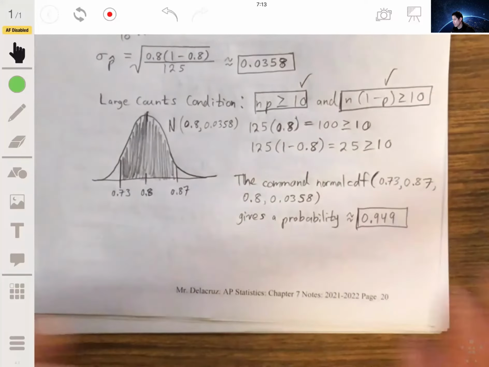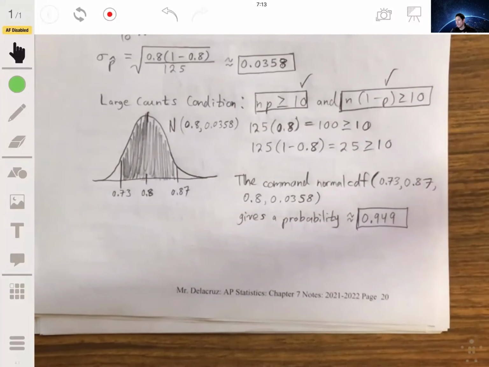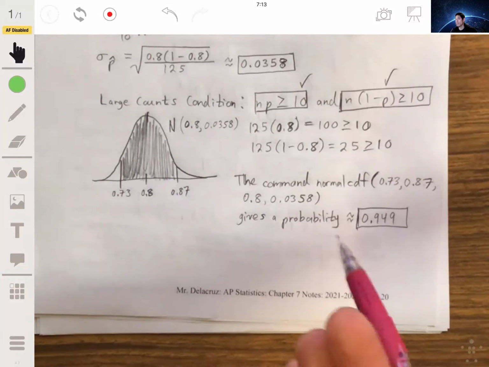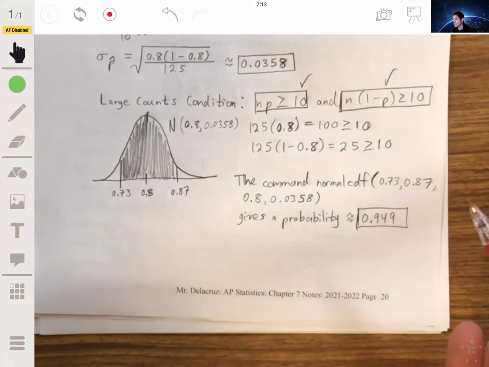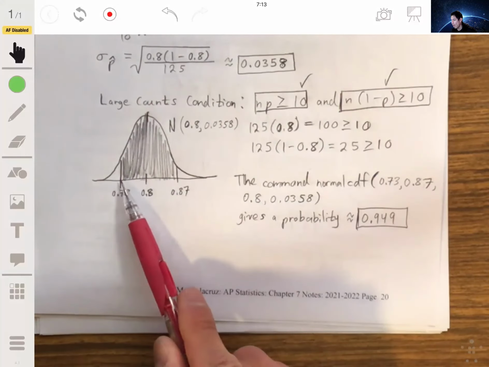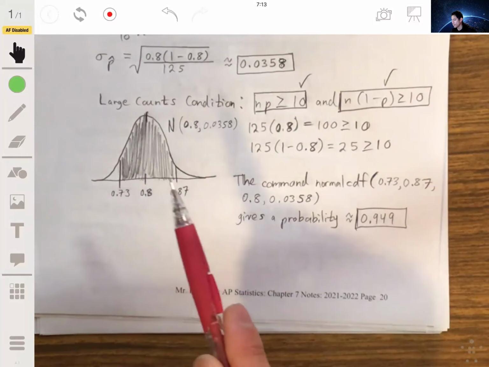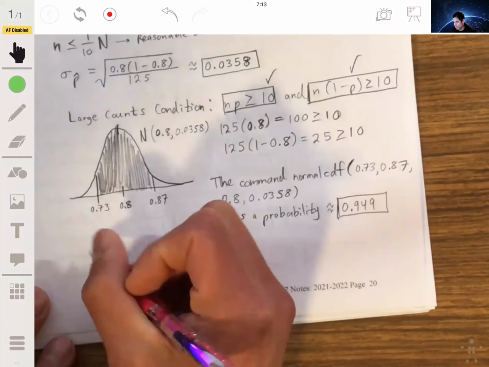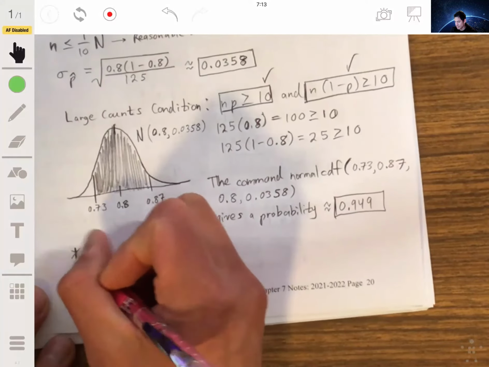And so we can then just say that there's about a 95% chance that if you were to draw samples of size 125, you would get one whose proportion would be between 0.73 and 0.87. Let's just write the formula, because that didn't sound right the way I said it.